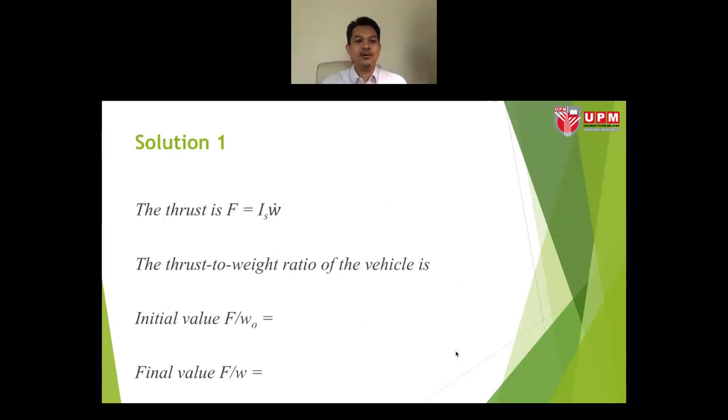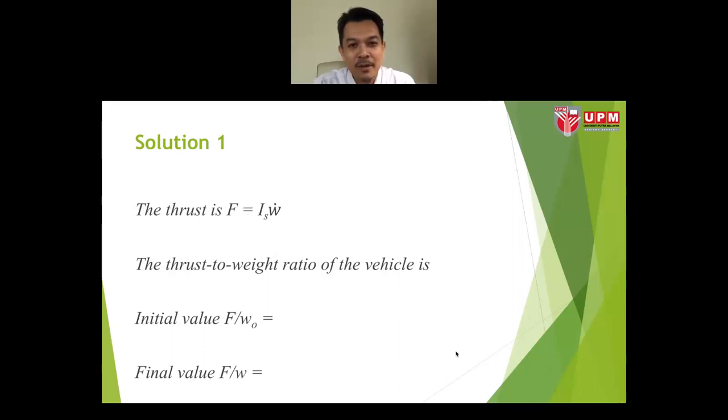Right. Now, let us calculate the thrust. The thrust normally uses the symbol F, and we know that the thrust equals the specific impulse, Is, times the W dot. So, okay, what is W dot? The weight flow.